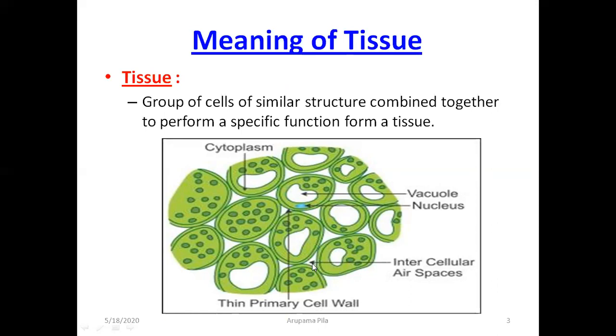And this is the intercellular air space. What are intercellular spaces? Intercellular means the space present between the cells. And this is the primary thin cell wall.